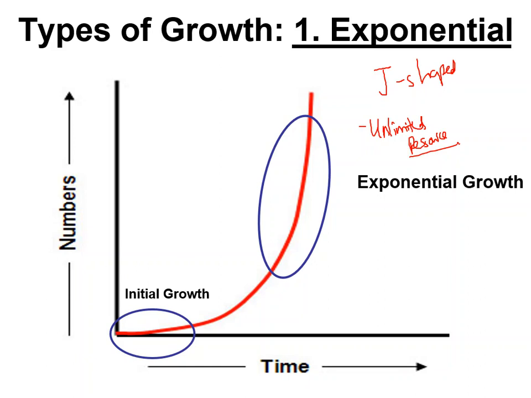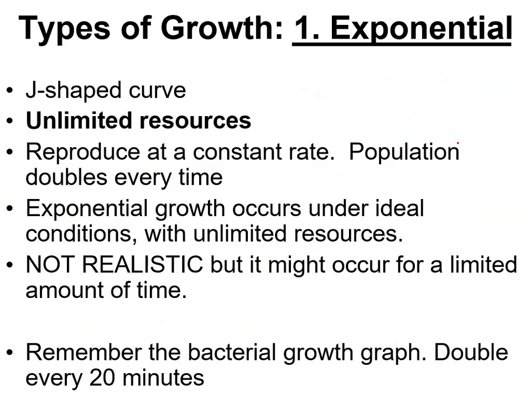And this is not typically a realistic thing because you're going to encounter some limitations at some point in time. You will run out of nutrients, you will run out of space, you will encounter other colonies of bacteria if you're a bacteria. You will encounter predation, right? There's usually something in your environment that limits your growth. So while this might happen for a short amount of time, it's not a sustainable form of growth.